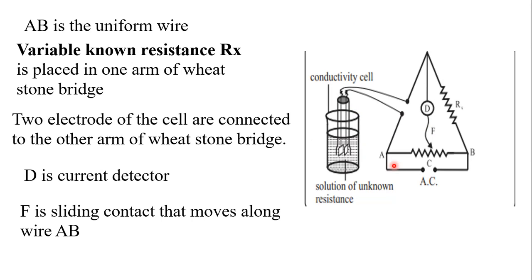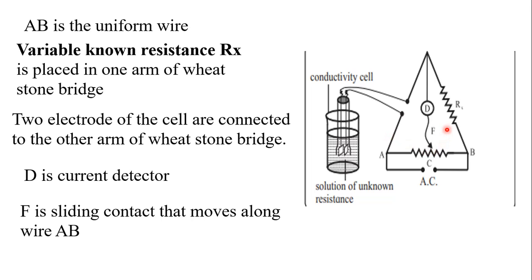The Wheatstone bridge consists of a wire AB of uniform diameter, and in one arm of the Wheatstone bridge a variable known resistance, that is Rx, is placed, and the two electrodes of this conductivity cell are connected to the other arm of the Wheatstone bridge.